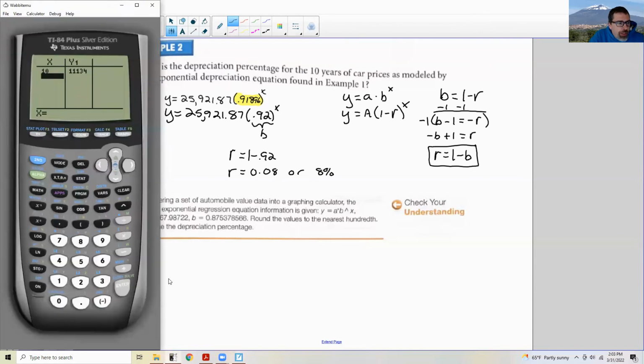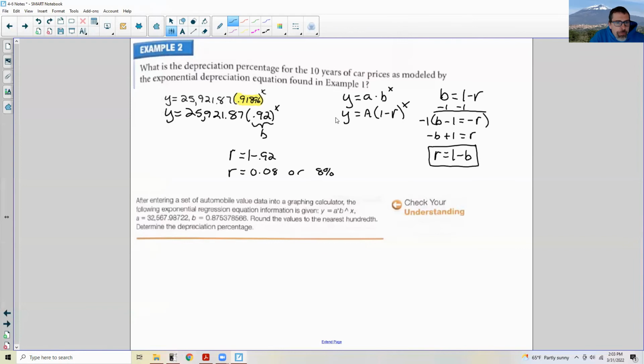I don't think I'd want to do that. But if I put a 1 there, it's 23,821. And 25,921 minus 23,821 would give me a value, and I put that over the denominator of 25,921.87, and I should get 8% that way as well. But it's much easier just to do this if we know that 1 minus R equals B.